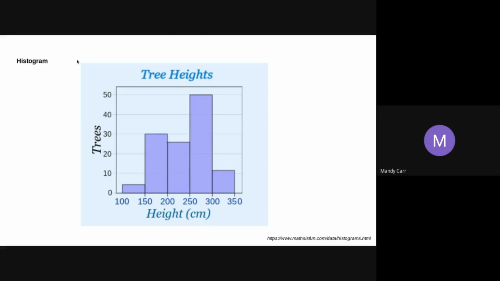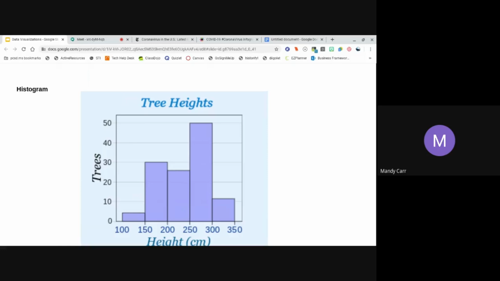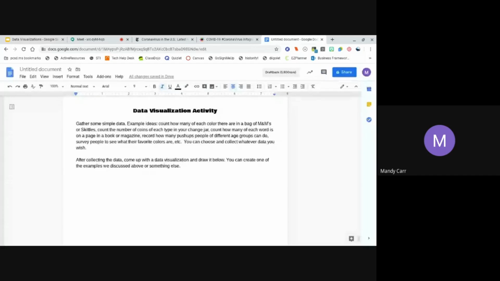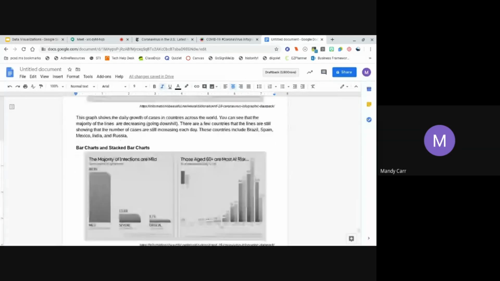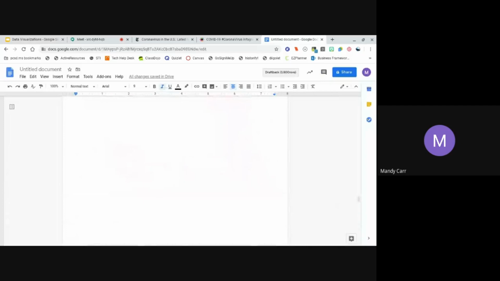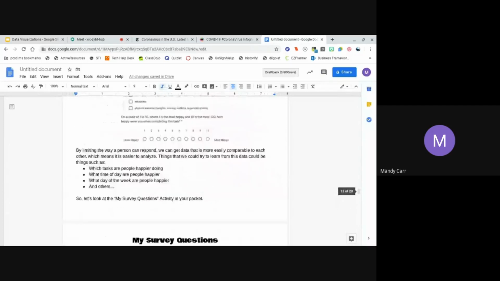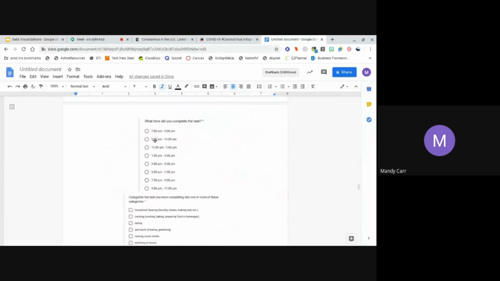Now this could be used, let me see here where I have that example. Y'all know when I made the survey for the happiness, I might just have to go back to here where I had it on my handout. This right here. So when I asked what time did you complete the task, and I had these ranges, this would be a place where it would be good to create a histogram.